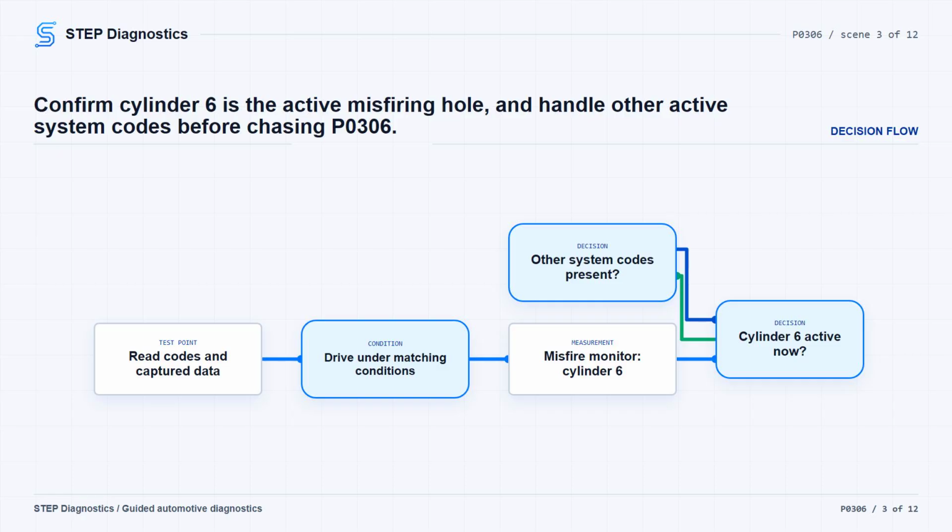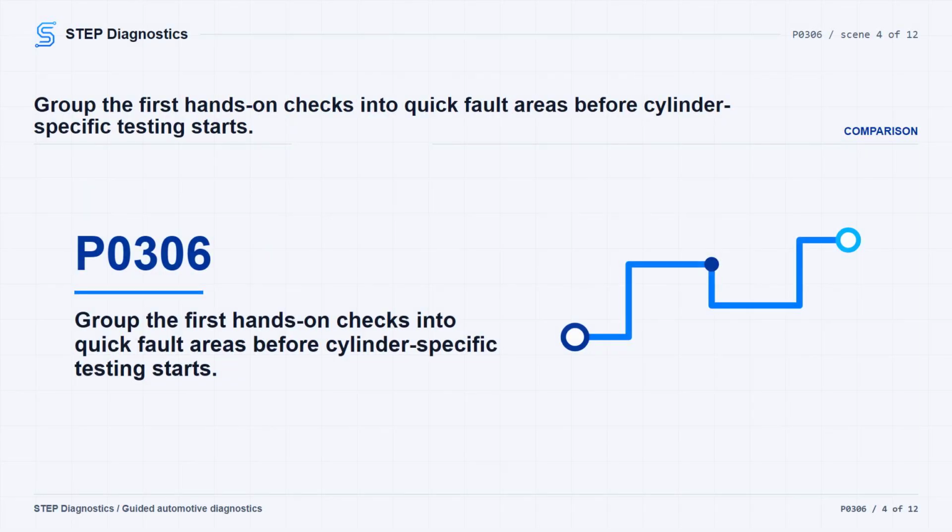If other codes are active or pending in the fuel system, ignition system, air handling system, VVT system, or VVL system, deal with those first because they can steer the misfire diagnosis. Before getting deep into cylinder-specific testing, look over the engine for the common things that can fake or cause a misfire.